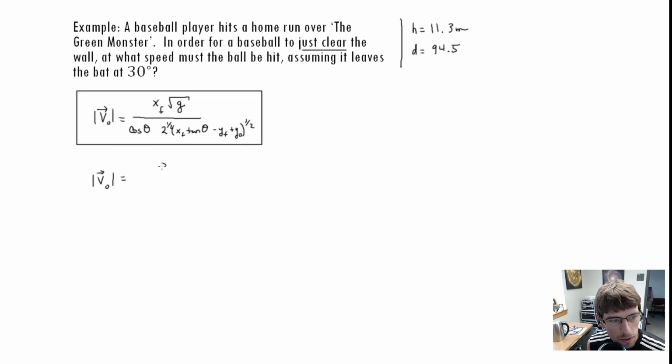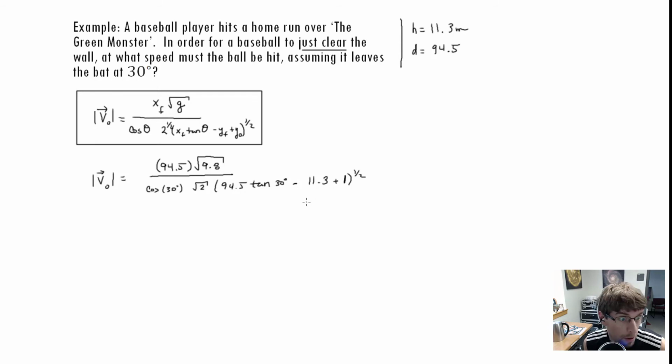We said x final was 94.5, and we have 9.8 square rooted, cosine of 30 degrees, square root of 2, 94.5 tangent of 30 degrees, minus, we'll say y final is 11.3, and I'll say that we hit it from, I don't know, 1 meter in height. So say at the batter's waist.